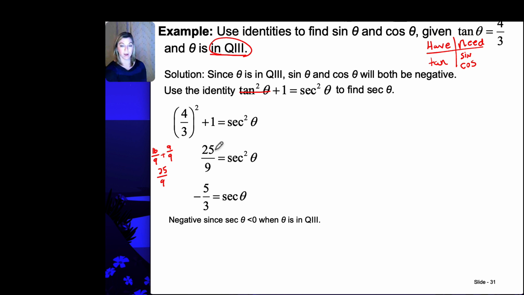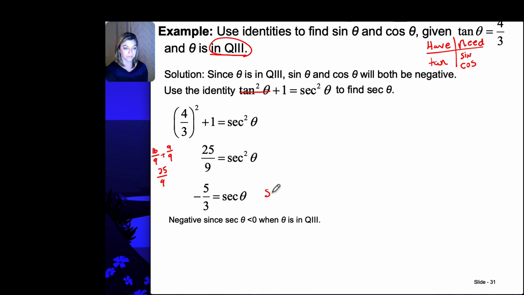The square root of 25 is 5, and the square root of 9 is 3. And I chose the negative root because we were told that we're in quadrant 3, and secant of theta is negative in quadrant 3.